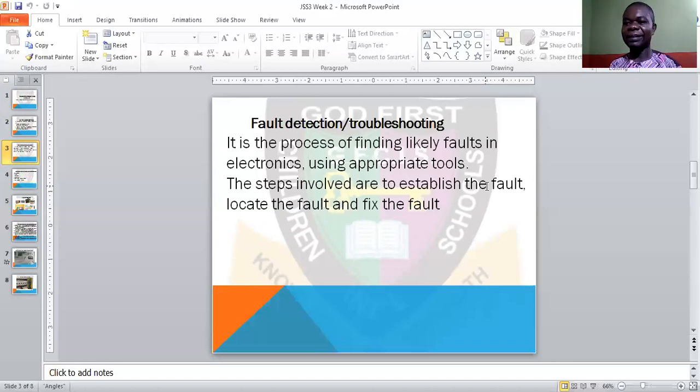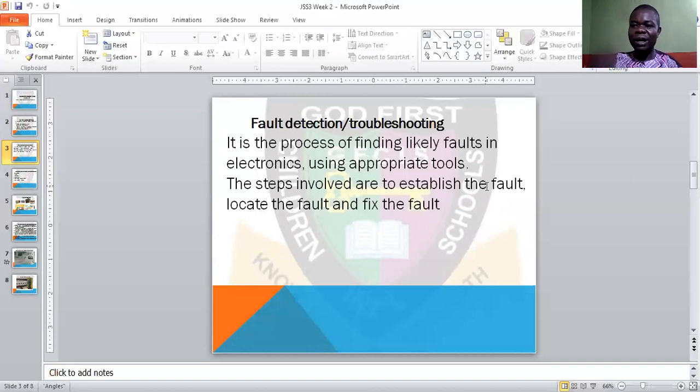Then the next thing is for the electrician to use the instrument to check where the fault is in that particular electronic, that is, locating the fault. There are some terminals in electronics. While we were working last time, we were doing the preparation or construction of a television antenna.